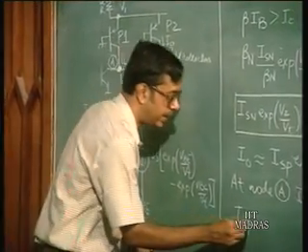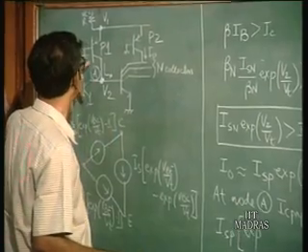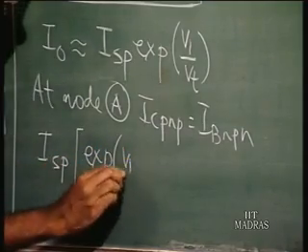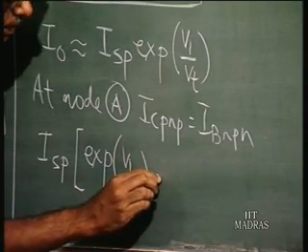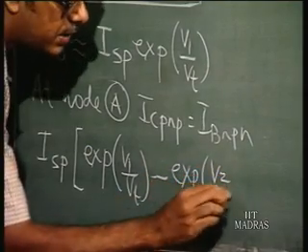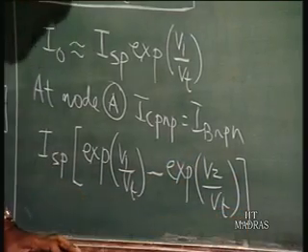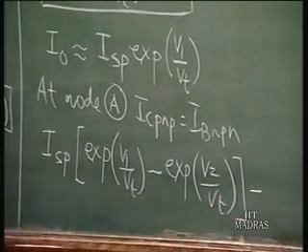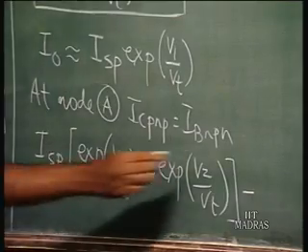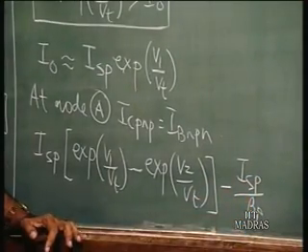So I write ISP exponential VBE, where VBE of the PNP is again V1, V1 by VT, minus exponential VBC by VT, which is exponential V2 by VT, minus this current source, ISP by beta P, that is the beta of the PNP transistor.